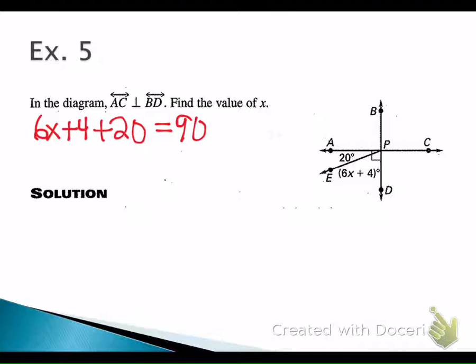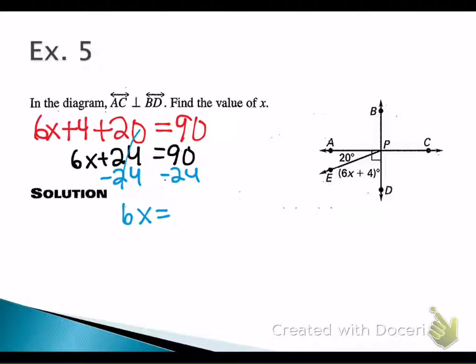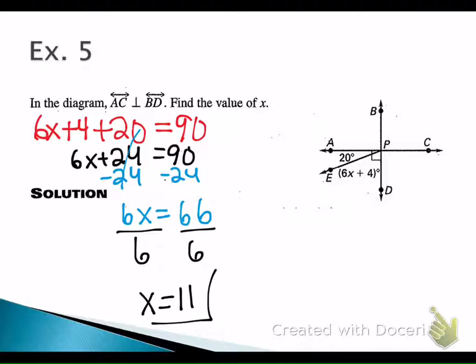Okay. What'd you get? 11. I agree. All right, so we added the 2 expressions from the smaller angles together, put it equal to 90, combined like terms, solved for the x using subtraction and division, and I get that x equals 11.